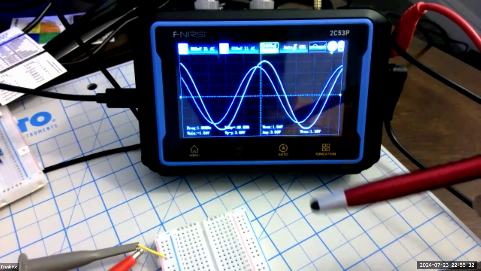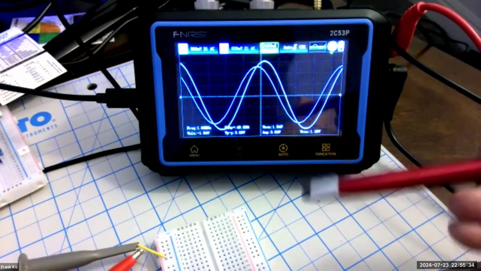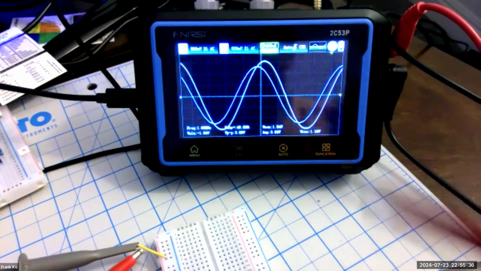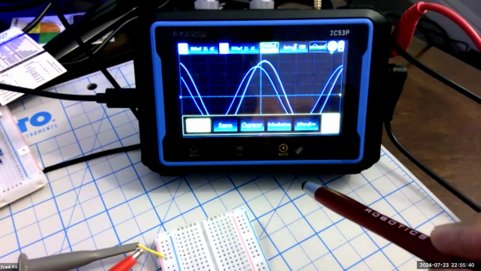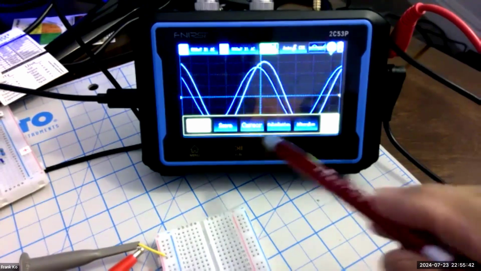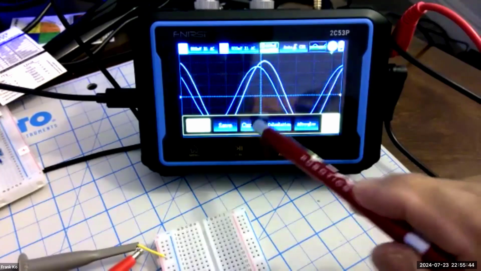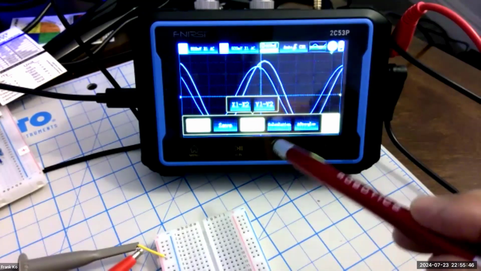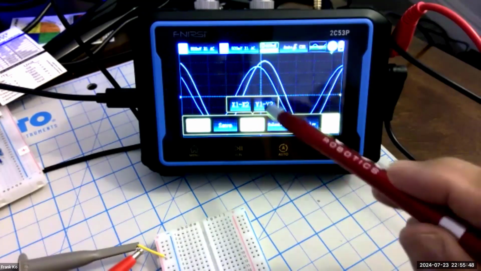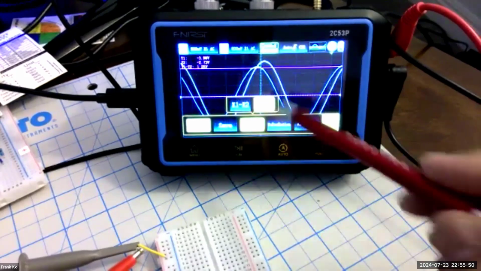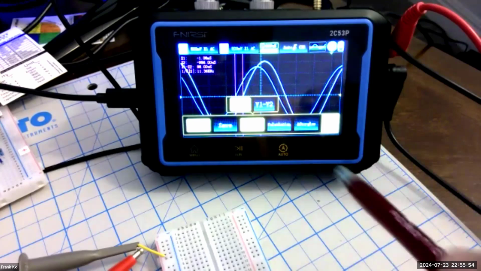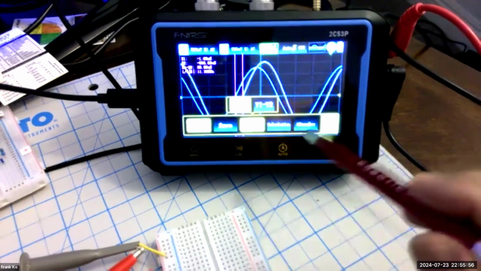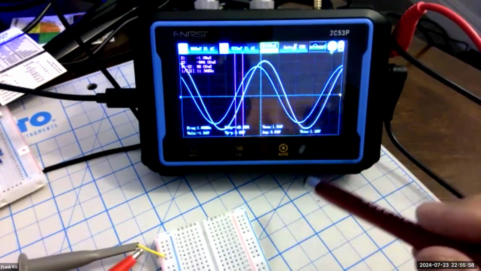And if I retract this, then this works on your cell phone touch screen or this touch screen. So what I'm going to do is use this to engage the other functions, and the other functions would include a cursor. So if I select cursor, I can select my horizontal cursors or vertical cursors. If I do this, there's my horizontal cursors. If I do this, there's my vertical cursors. And then touch this button again, they go away.